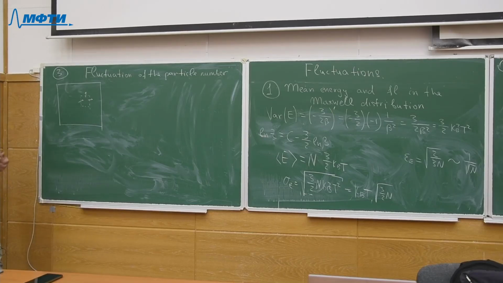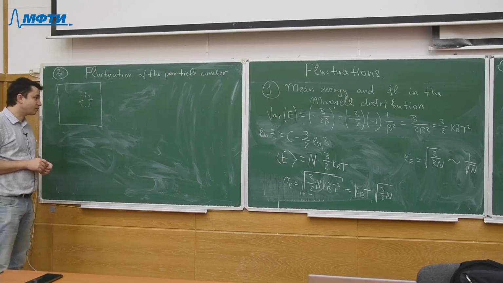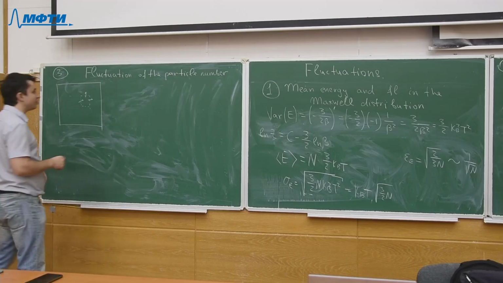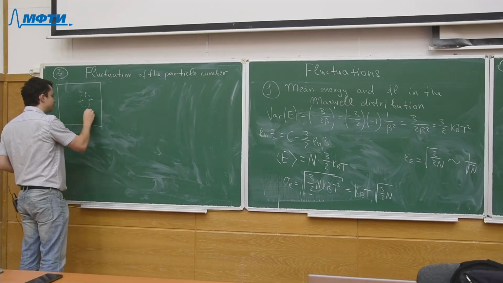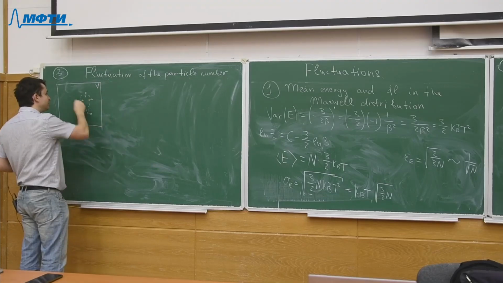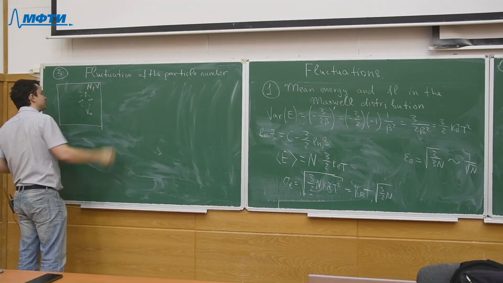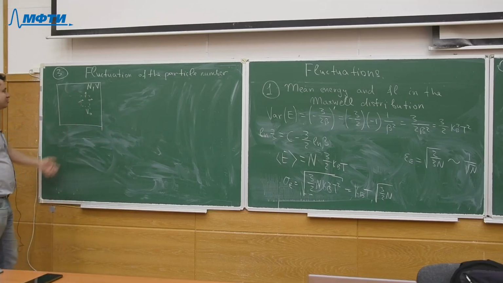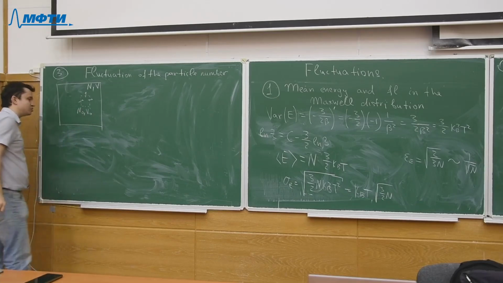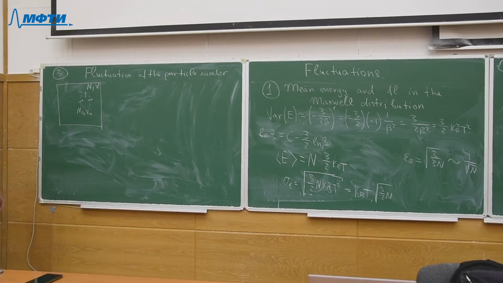So in order to find out the mean value and the fluctuation of that value, I'm going to employ the following approach. Let's say this volume is V0, and the full volume is V. The total number of particles in the full volume is capital N, and the number of particles inside that volume, which I want to determine, is N0.